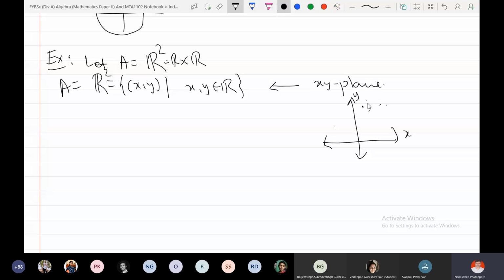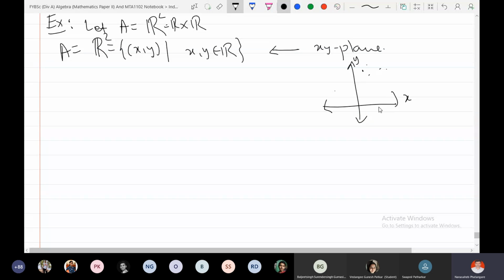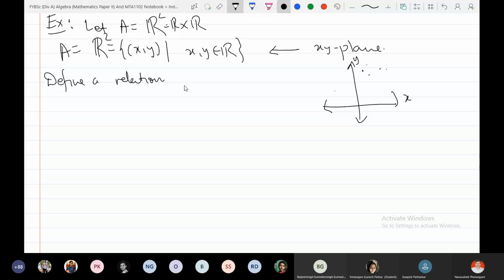Now you can understand the plane. Now on this plane, I want to define a relation, relation tilde, on R2. I am using a different notation for some reason.